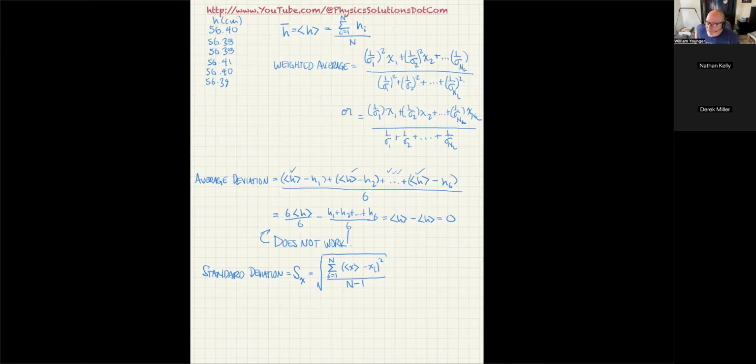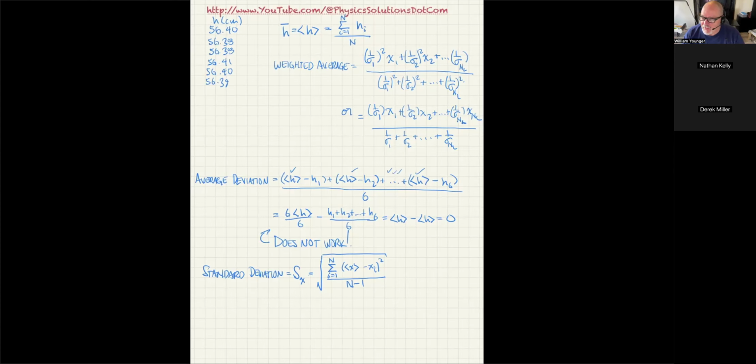The standard error, or the standard deviation, which is the S value that I just showed you. What that does is, if you consider a whole classroom, for instance, and each lab station, and there might be hundreds of them, hopefully, each lab station is doing their own measurement to determine H or X or whatever.